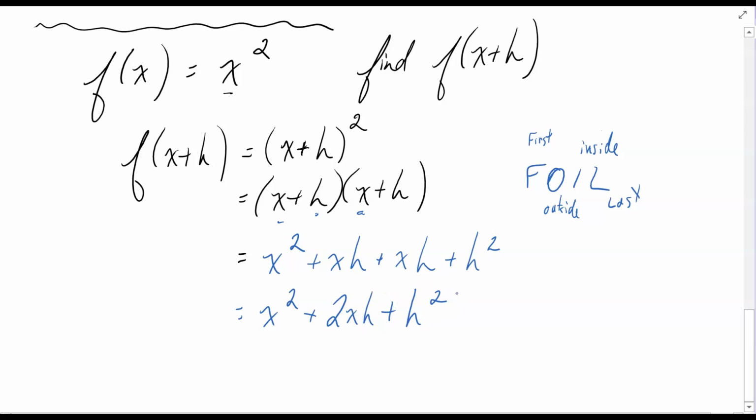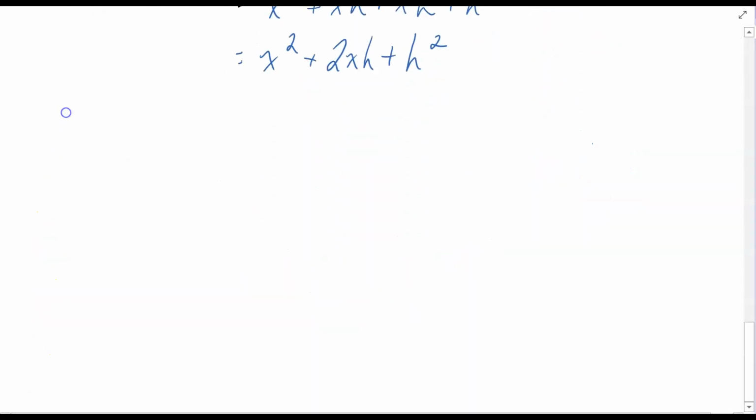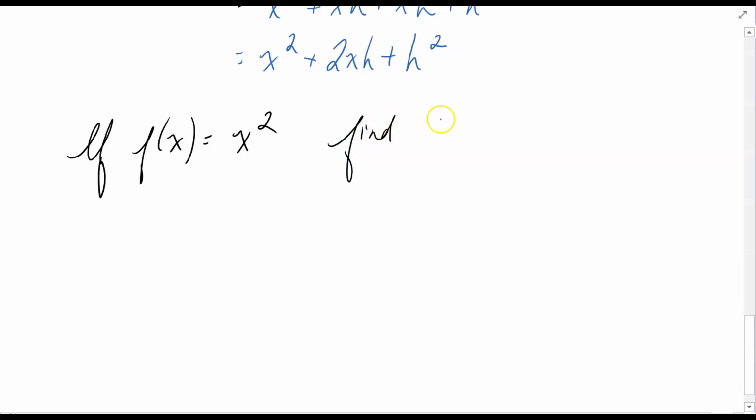Okay, now I hope that that is review for you from your first year math. If not, you really need to make sure you follow that. Ask questions about that. Ask for more practice if you need it. One more item with function notation that I just want to review with you is what about if f of x equals, let's do x squared again, find 4 f of x.